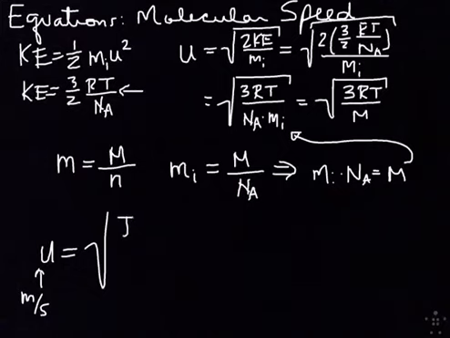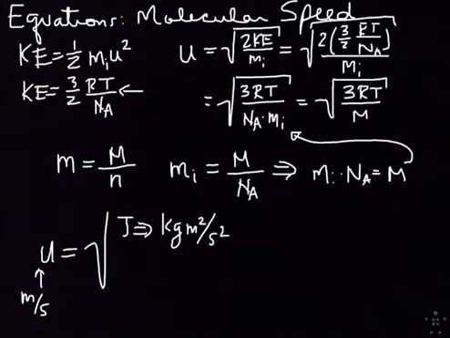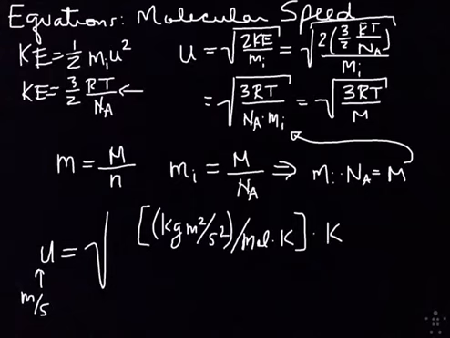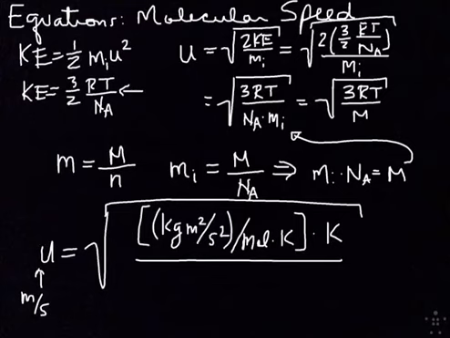A joule is a kilogram meters squared per second squared. So that's going to be on the top, and that's going to be taken times temperature in Kelvin, divided by molar mass.